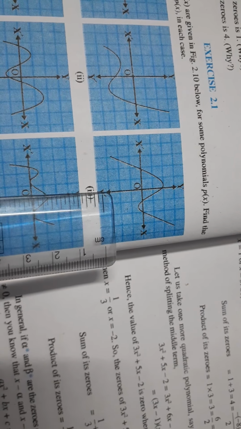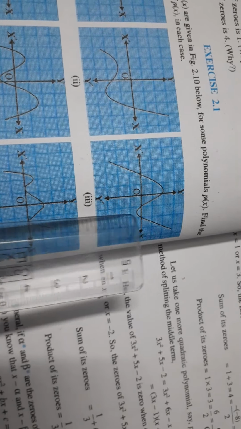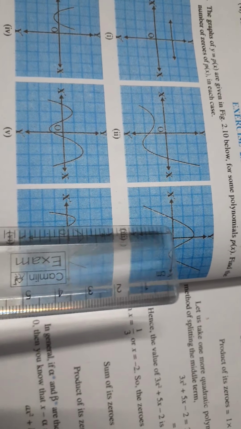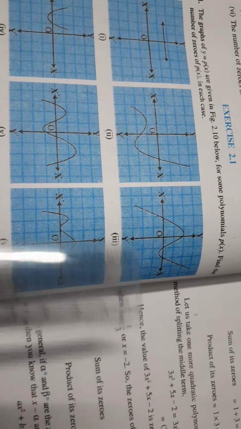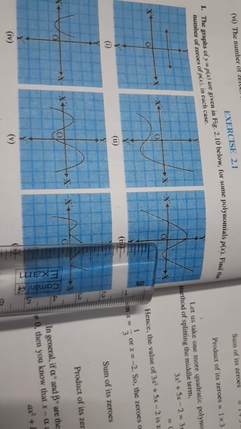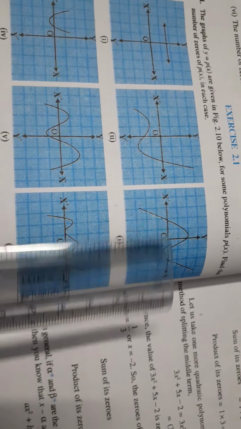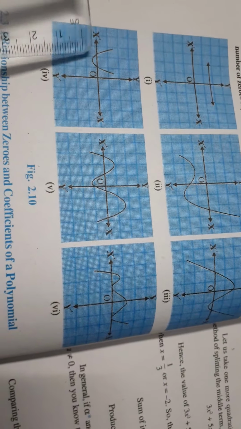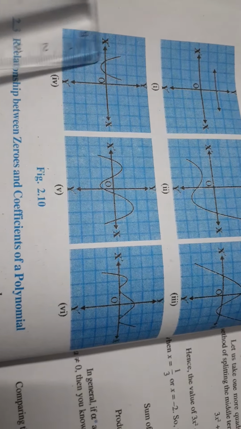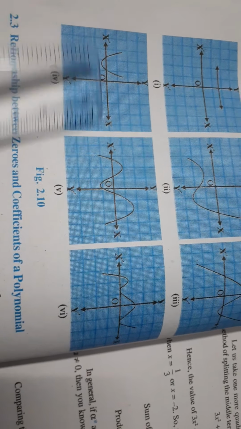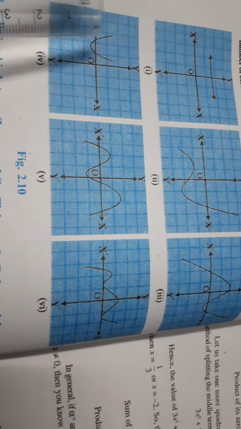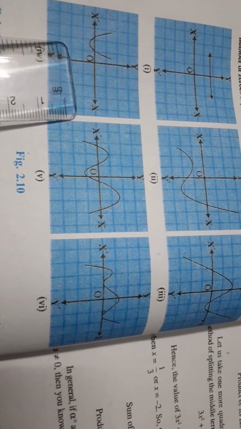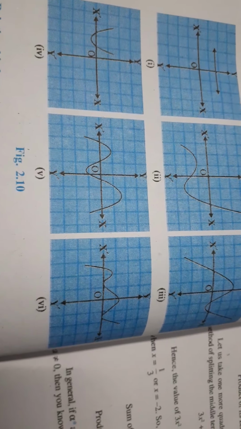See this picture. This graph intersects the x-axis at 3 points. The number of zeros is 3. See this one. This parabola intersects the x-axis at 2 points. So here the number of zeros is 2.